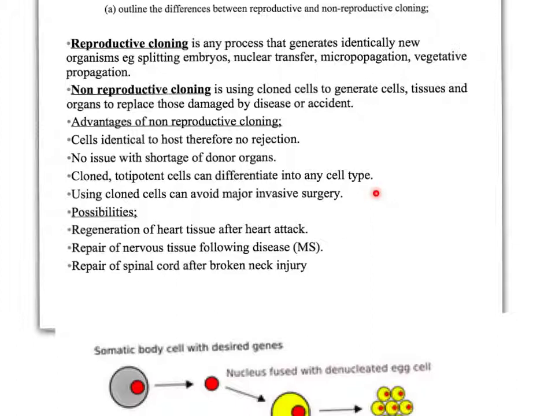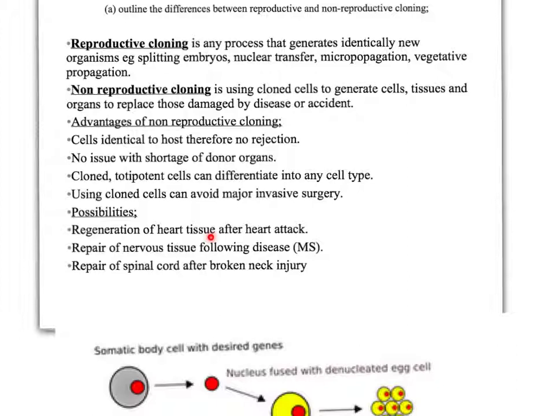And then there are various possibilities, and you can look these up yourself, but there's all sorts of things. One that's talked about a lot is the idea of putting cloned stem tissue of some sort into damaged heart tissue after a heart attack, and that will regenerate the heart tissue and bring back the function of the piece of heart that died in the heart attack.